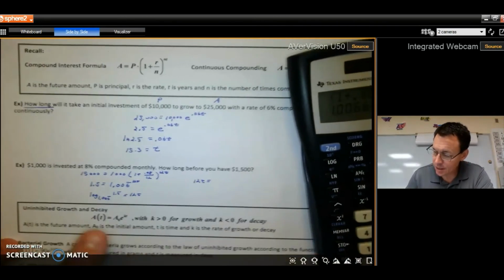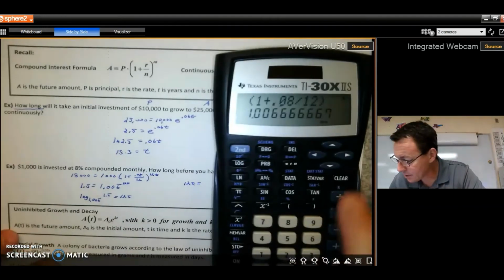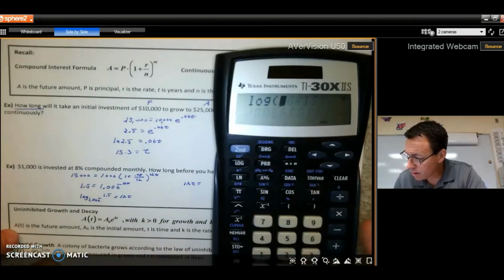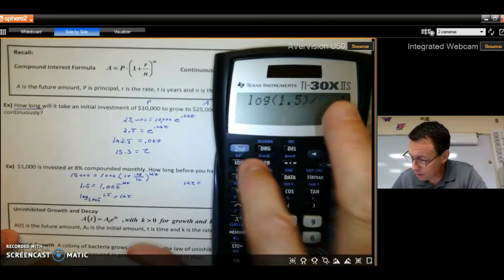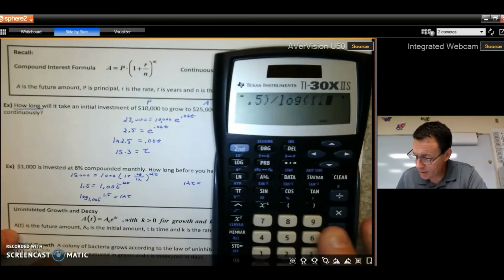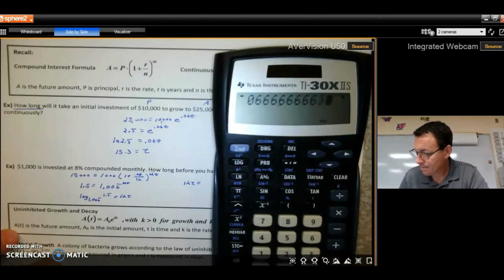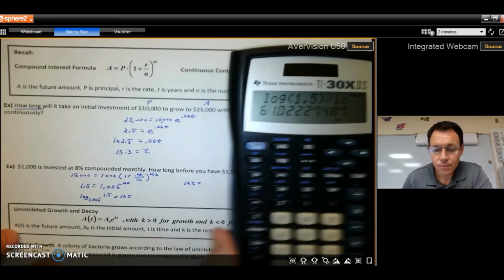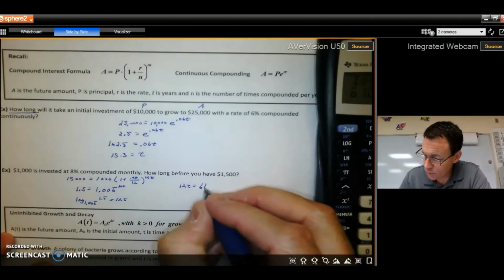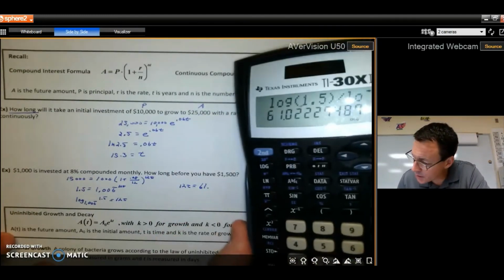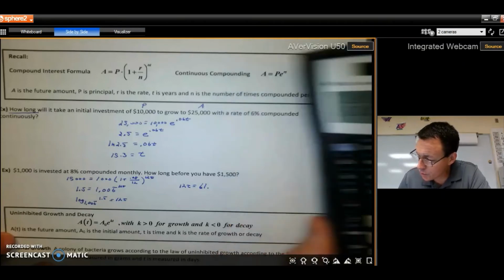So I'm going to come over here now. 12t is equal to the log of 1.5 divided by the log of 1.006 and then a bunch of sixes. So I'm going to get 61.223.